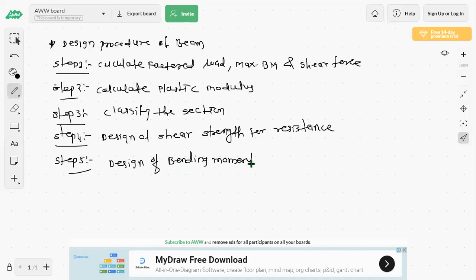In the design of bending moment we have calculated the bending moment for the laterally supported beam.